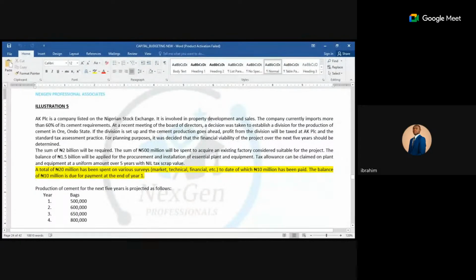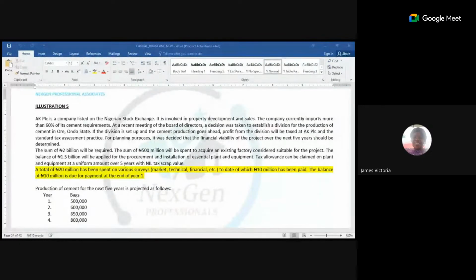Now, please go ahead. A total of 20 million has been spent on various surveys: market, technical, financial, etc. Of which 10 million has been paid.